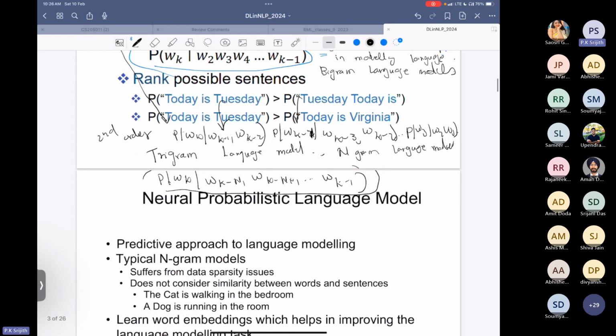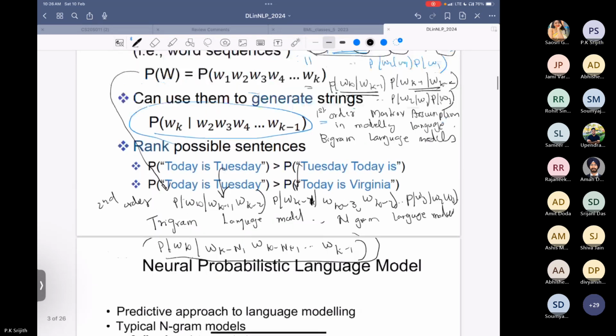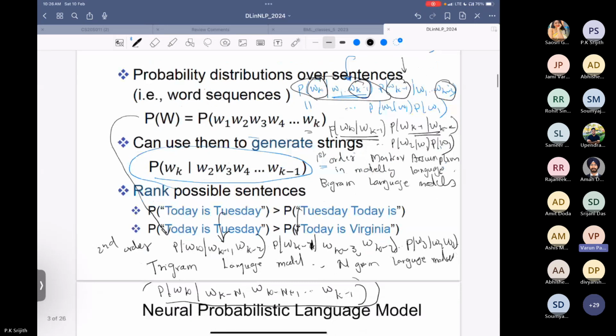Sir, one question. When we are generating this sequence of words, how do we decide the value of k, where to stop? When it comes to language modeling, people often consider some kind of a distribution over that k also, and people go for some sort of a Poisson distribution.